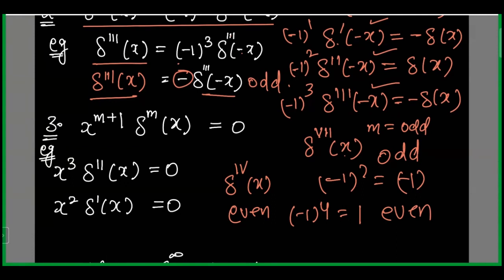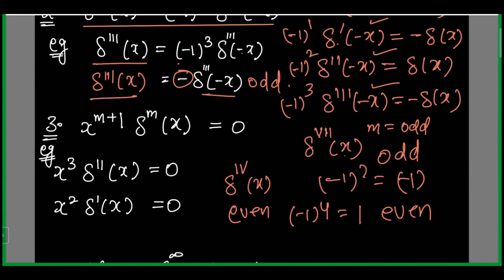Nice. So this is what I'm trying to tell you. Odd means the value of the function at x and at minus x is not the same, but there is a negative sign between them. But what is even? Even means the value of y at x and minus x is the same.